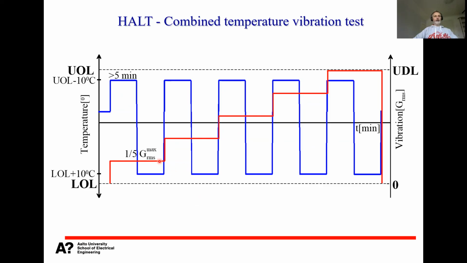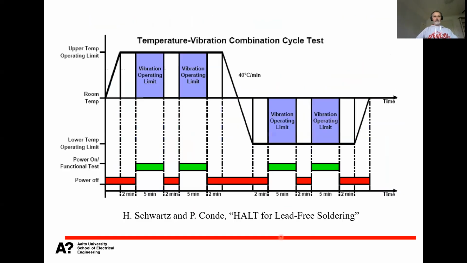Then you need to monitor at least here, here, here, here, at the end of each cycle. So like here. You see the temperatures here. This is the vibration. And then here you can see when the power in the product is on and when it's off.